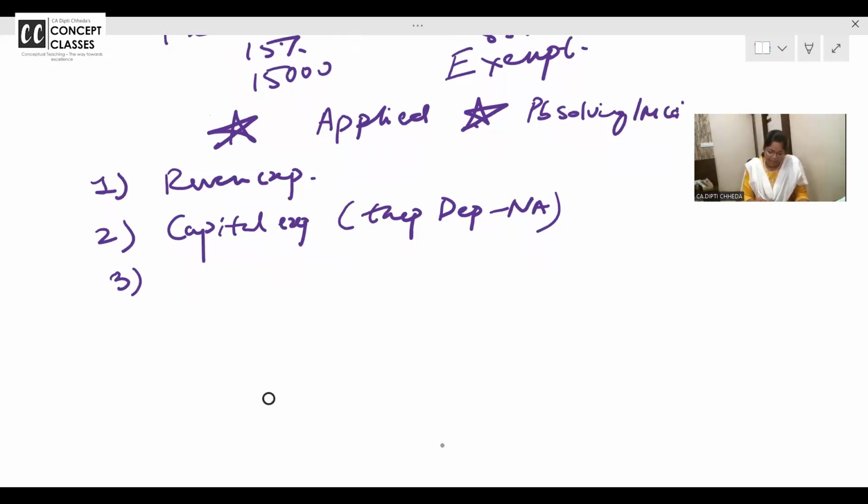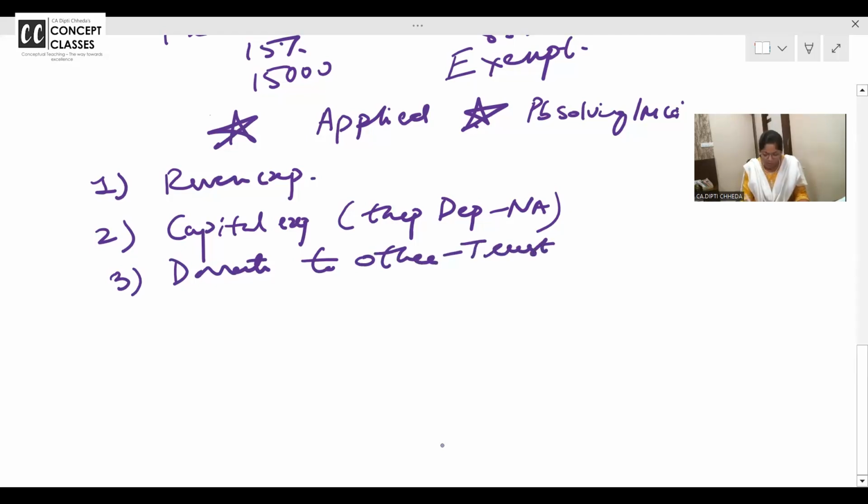And can they donate to other trust? Superb. This is asked so much in MCQs. Mark it important. Can they donate to other trust? Is it going to be allowed? Answer is yes. They can donate to other trust. But how? Suppose we are in Hyderabad and we are talking about the ISKCON temple and there is some natural calamity in Uttarakhand.